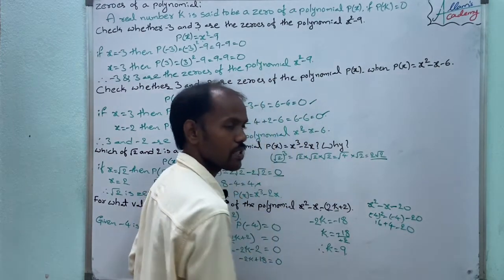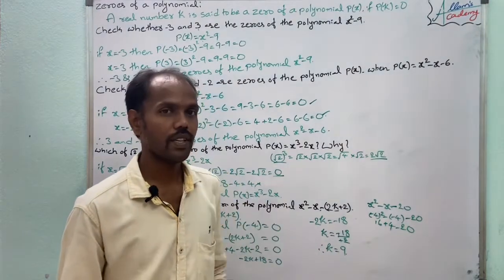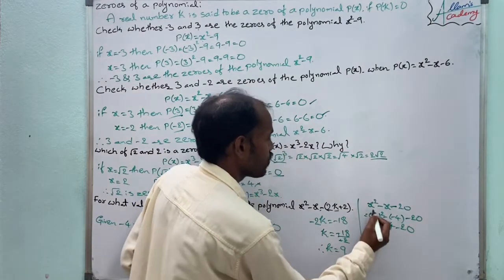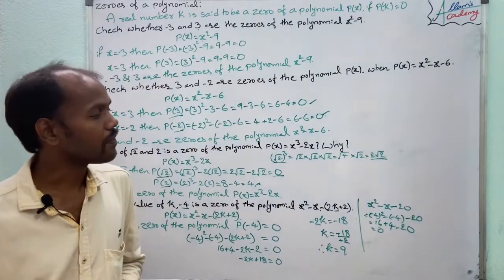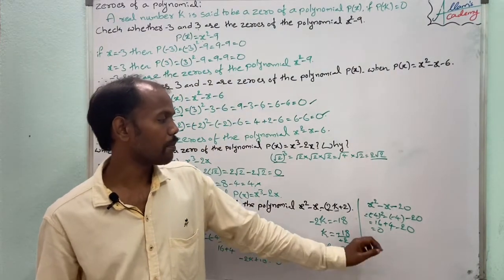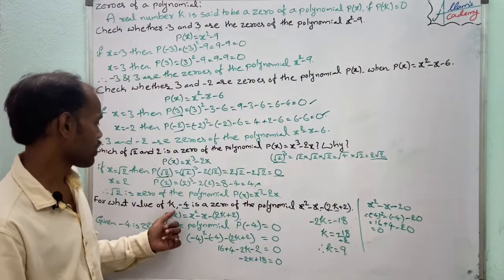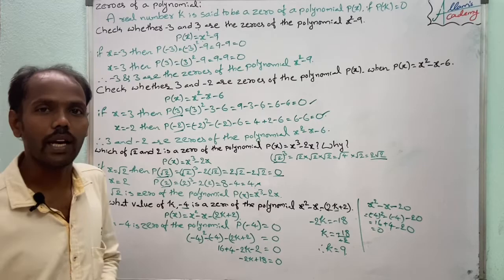So 16 plus 4 is 20, 20 minus 20 is 0. So if minus 4 is substituted, we get 0 for the polynomial. When k equals 9, minus 4 is a zero of the polynomial.